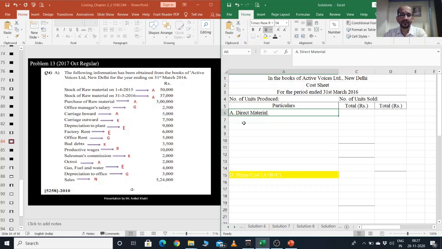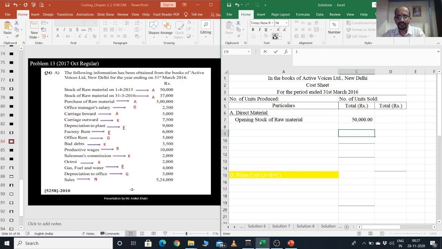So as per our format, first we need to consider the opening stock of raw material, which is 50,000, right? Next, in that we need to add the purchases, right? Add purchases. So it is 3 lakhs.